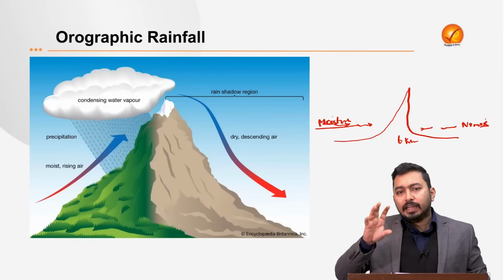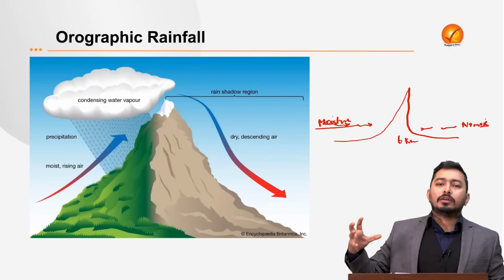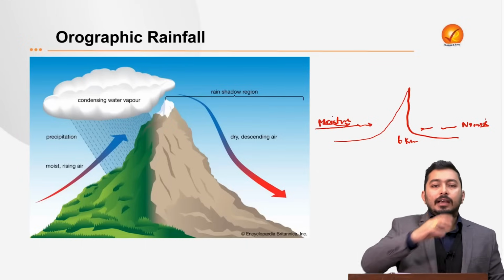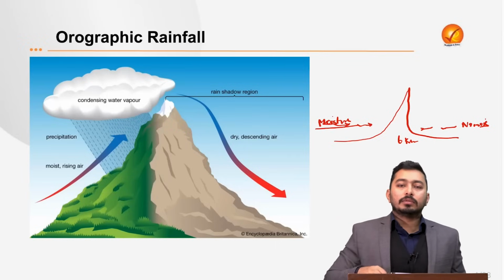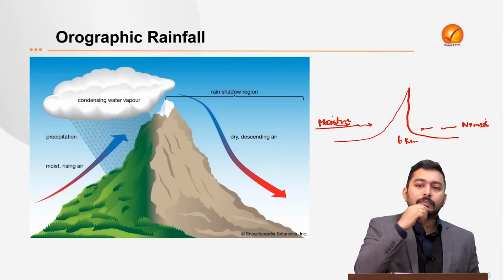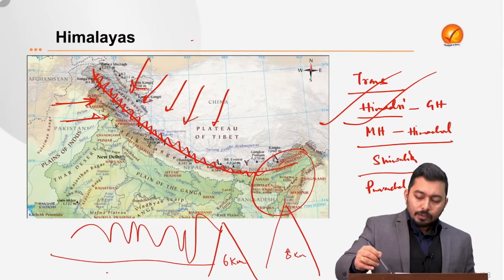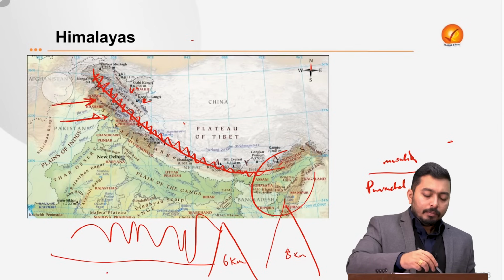But we understand one simple thing: the moment you have a hot, moist ball of air which is forcibly rising against the slope of the Himalayas, it will lead to precipitation in one form or the other. Now, in our previous slide, we saw that you have a 6-kilometer barrier.